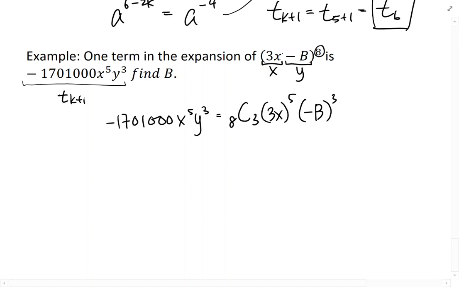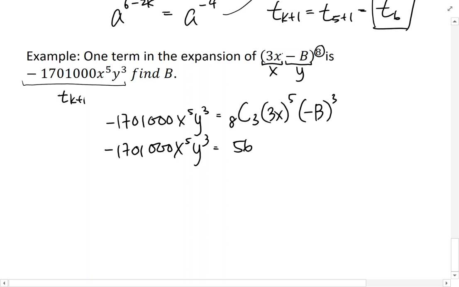Now that we know this, let's multiply out our combination. 8c3 is 56. Sorry there. And we could just multiply this out.